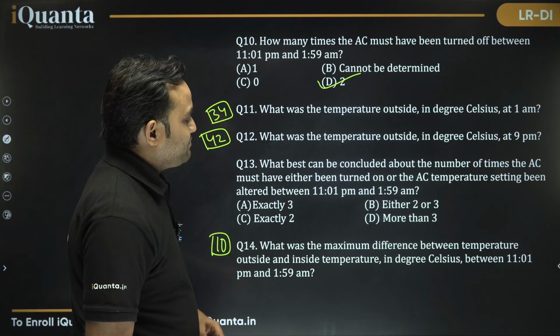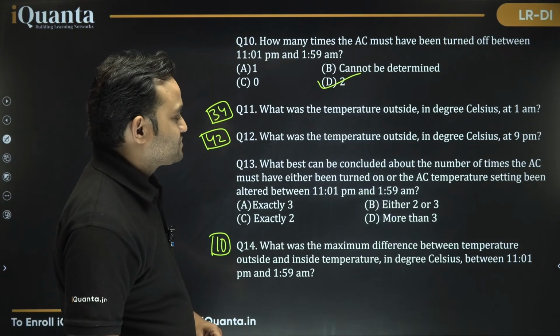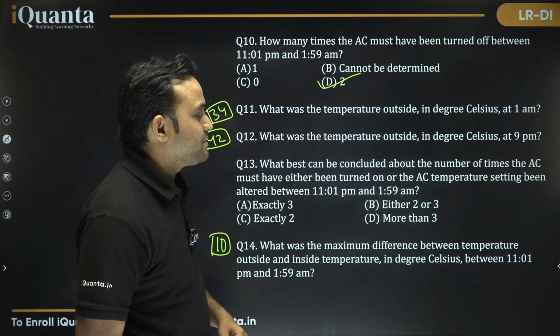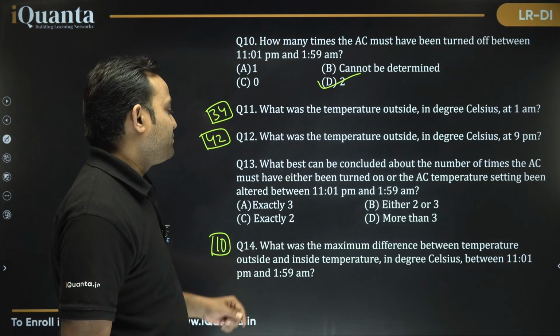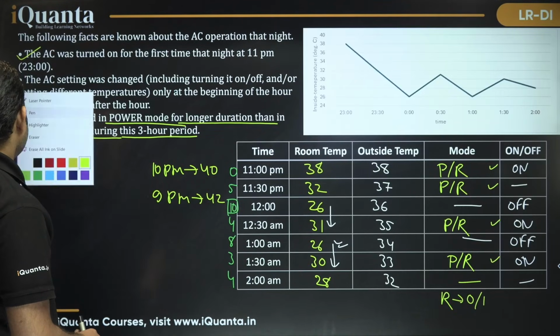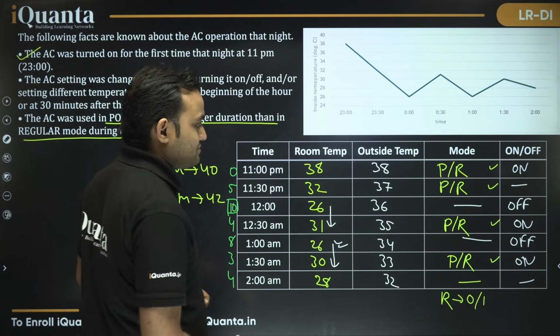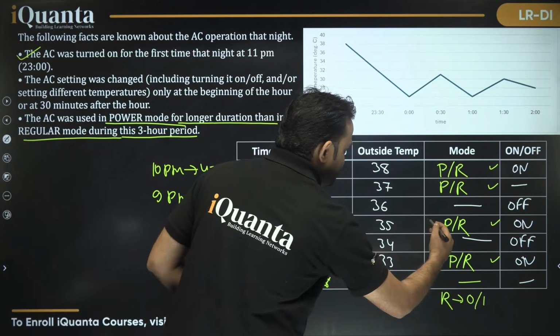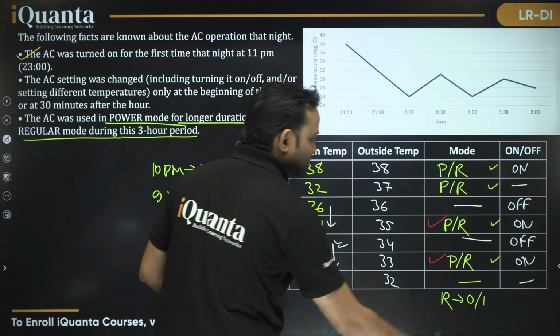What best can be concluded about the number of times the AC must have been either turned on or the AC temperature setting been altered between 11:01 p.m. and 1:59 am? So in this situation, I am sure about the two places, right? That here AC was turned on, here AC was turned on.